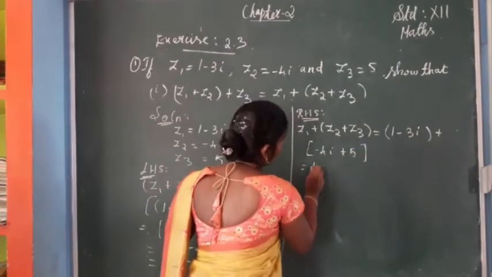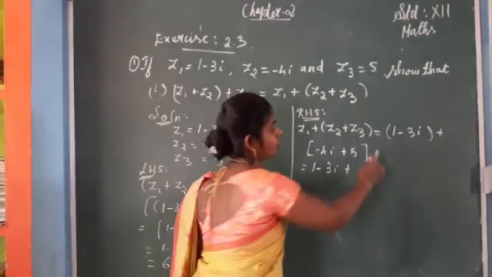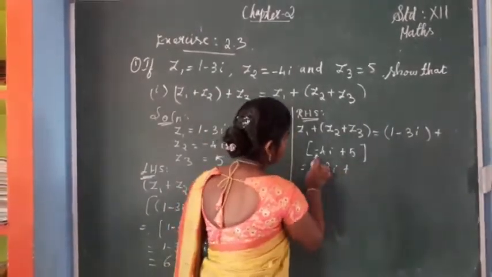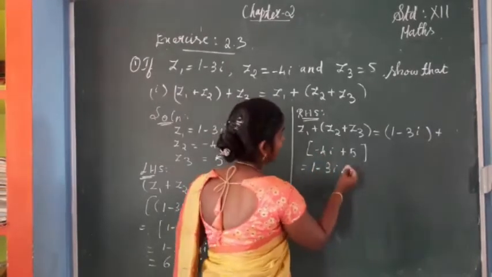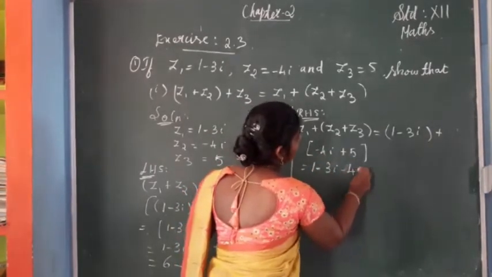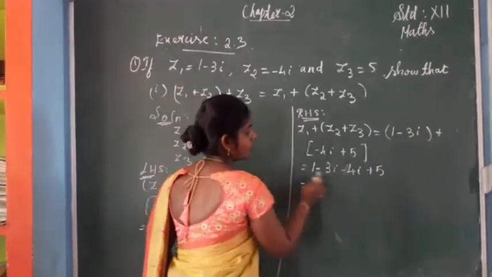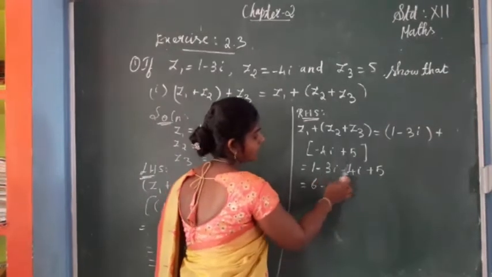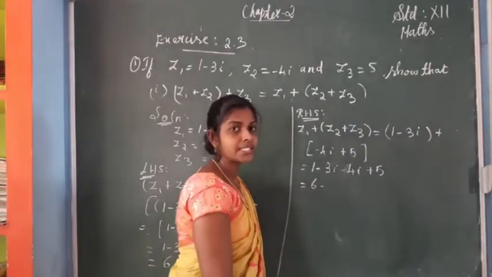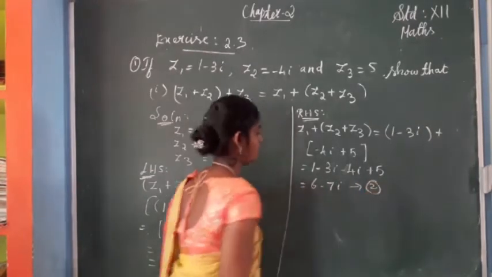Equal to 1 minus 3i, and we have to remove the brackets. Here plus is there, so minus is here, plus into minus, the value is minus 4i plus 5. That's equal to 5 plus 1, the value is 6. 6 minus 3 minus 4, the value is minus 7i. Take this as equation 2.